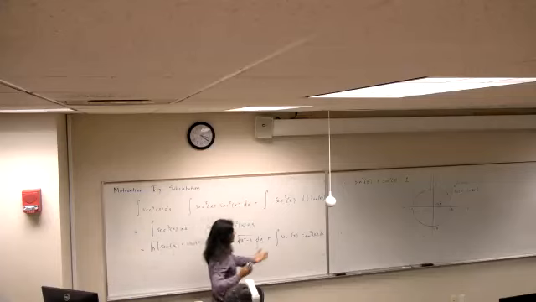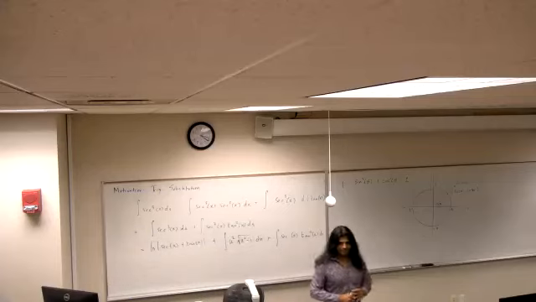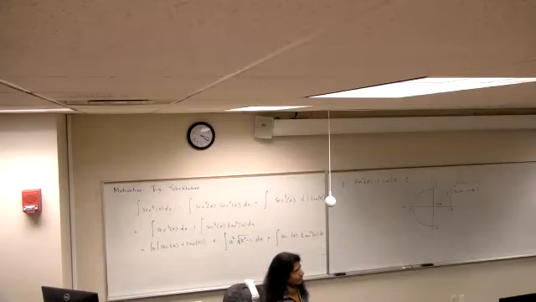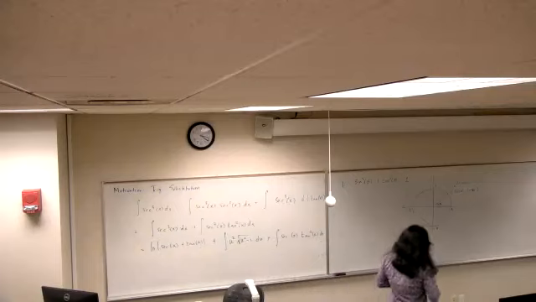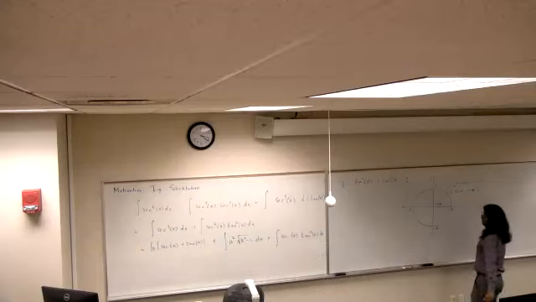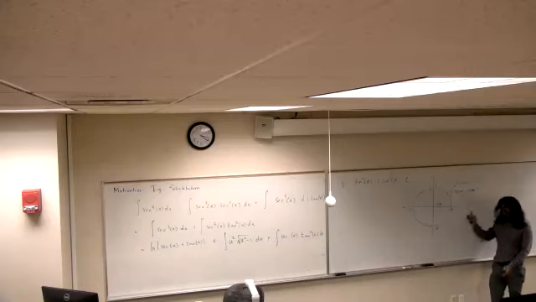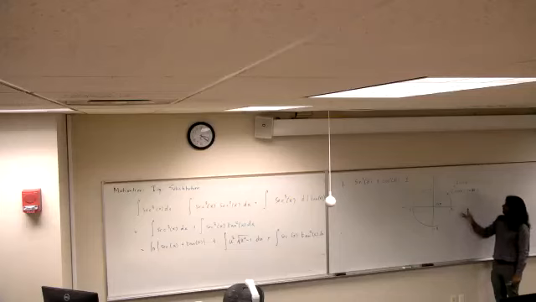Radius, but the radius is not 2, it's 4. This too is coming from the radius 4. Square root of 4 is 2.